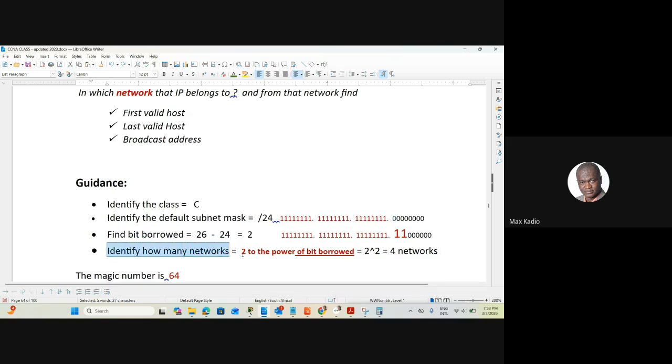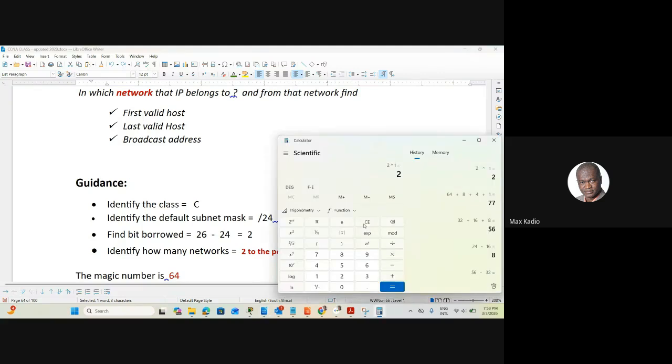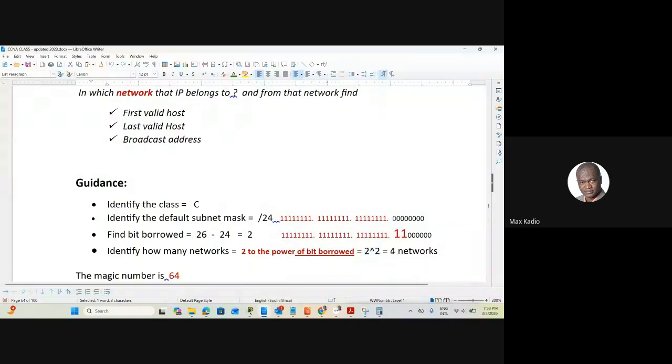We have a formula: 2 to the power of bits borrowed. So 2 to the power of 2. If you don't know, you take your calculator, you clear, 2 to the power of 2 is equal to 4. So it means I now have 4 smaller networks.